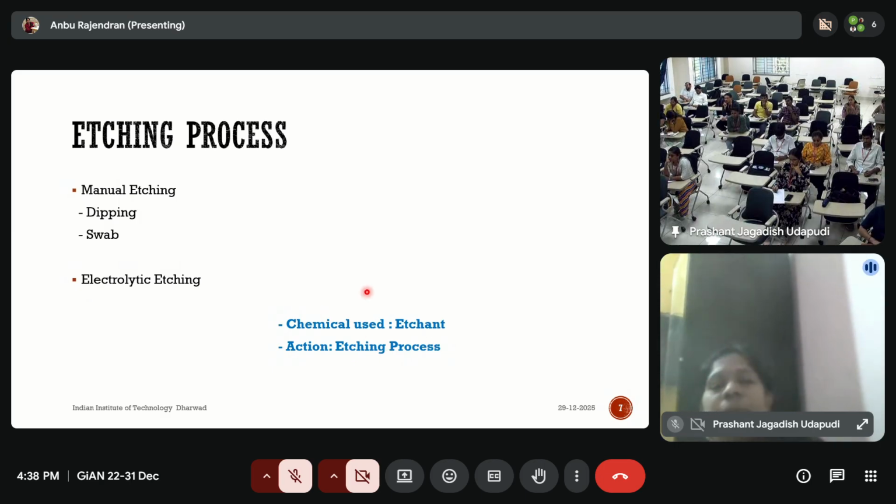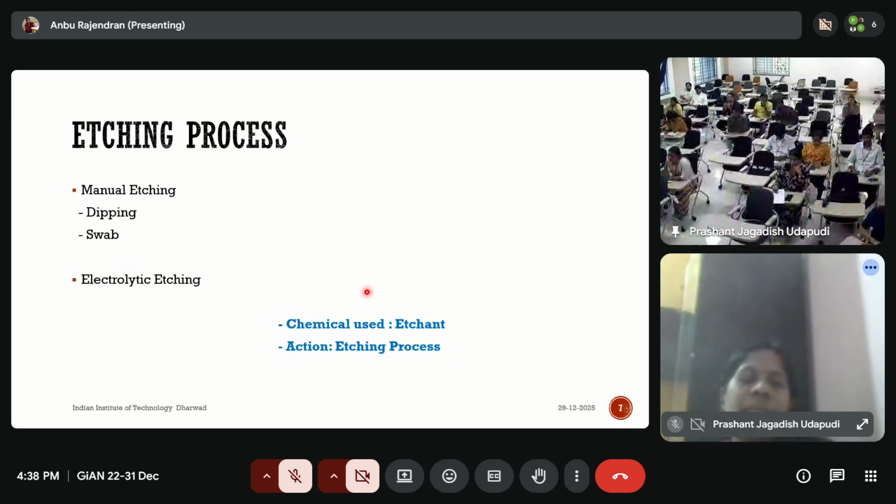Every etching process requires a certain time. Beyond the optimum time, the chemical will react more than required, and the reaction will happen throughout the sample. Then your features will be hidden, and you will end up with some corrosion product from the reaction between the chemical and the sample.